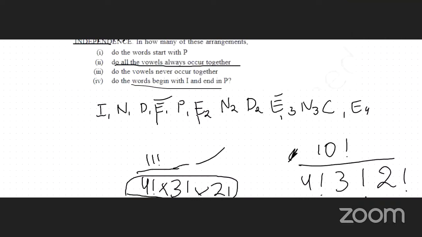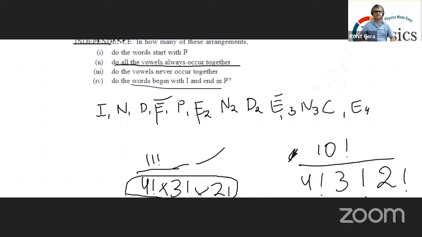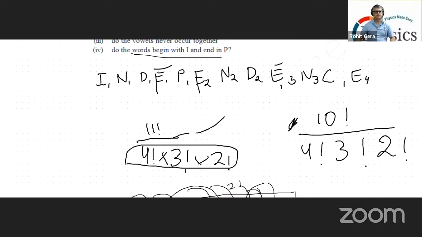So 10 factorial divide. Yes, agreed. Makes sense to me. Yes, correct. Okay.